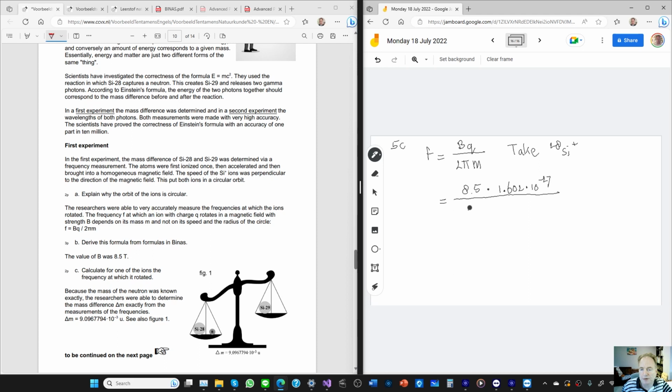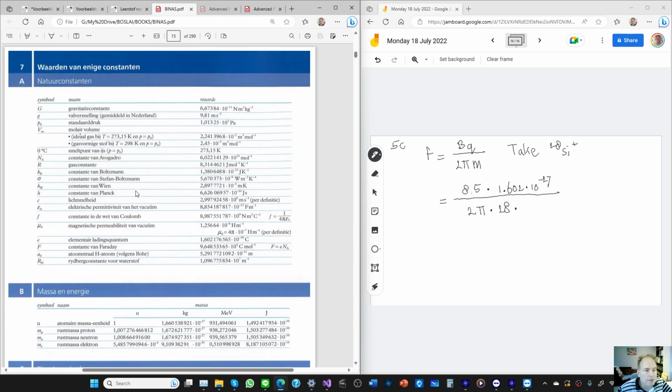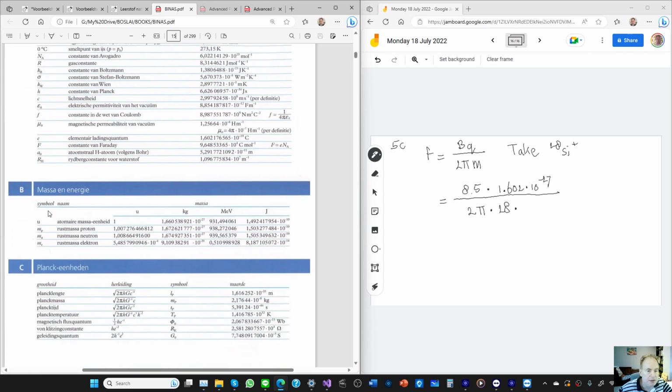Okay, divided by 2 times pi times the mass of this, well, that's 28 times the mass constant, which you can find in the Binas table 7b.